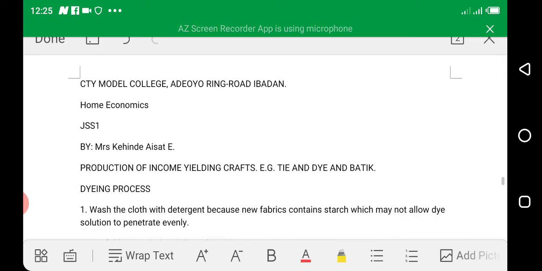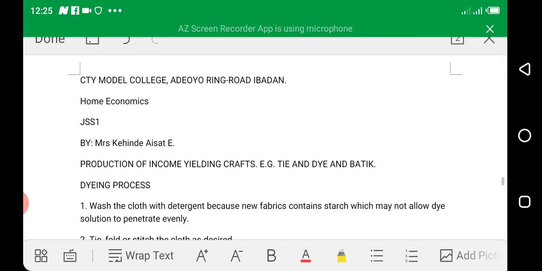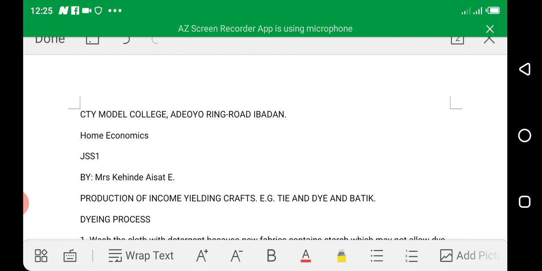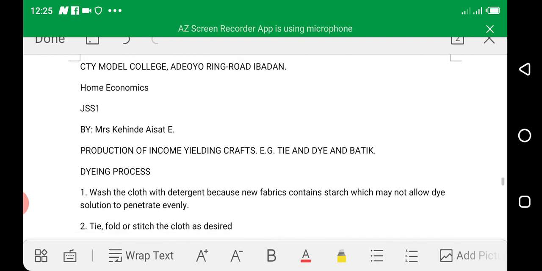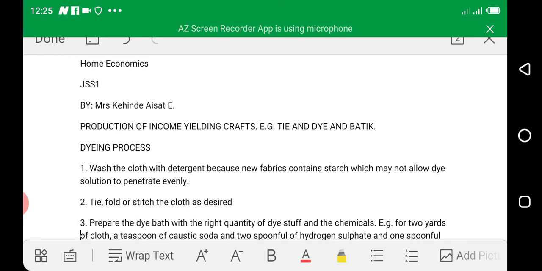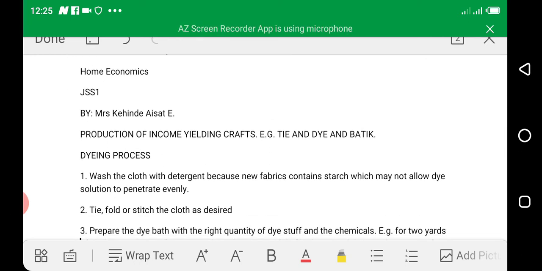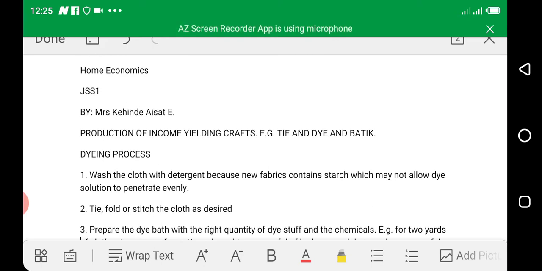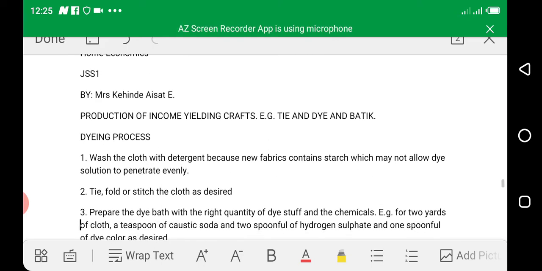In our previous lesson, we explained the overview of tie-dye as a viable vocation that educated men and women can venture into so that they create beautiful and lovely designs that can meet international standard.